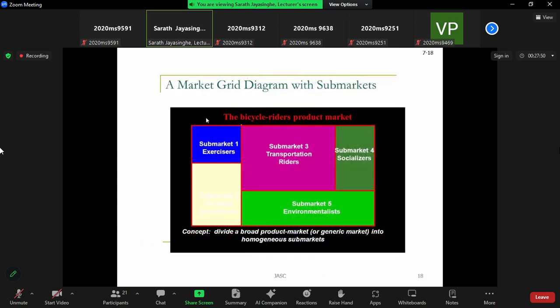And then a market grid diagram with sub-markets. You can see the bicycle riders product market. This is sub-market exercises. Sub-market 2, transportation riders. Sub-market 4, socializers. Sub-market 5, environmentalists. I can't read this one because of these colors.